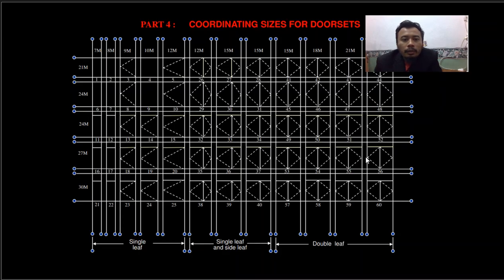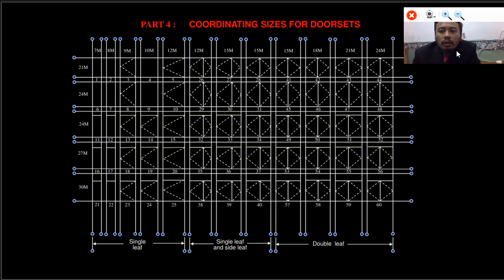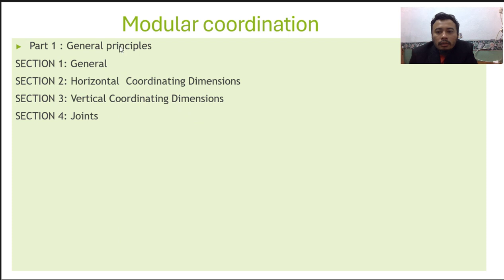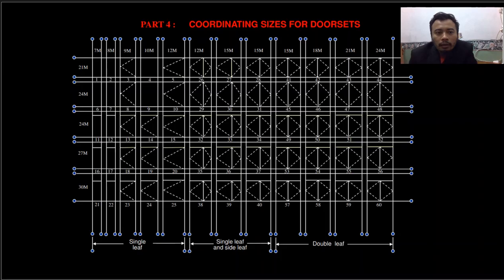So basically, the first part involves a general section, and then the horizontal coordinating dimensions, and then the vertical coordinating dimensions, and then joints. Before going into that, we're going to look at the components of the buildings that are specified by the standard.